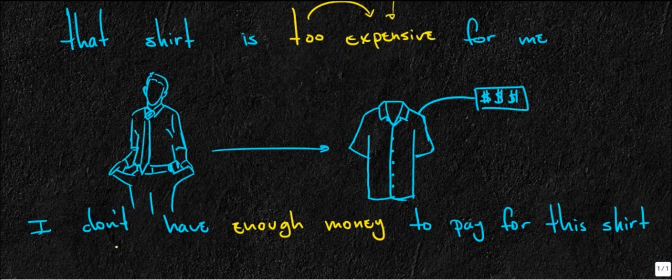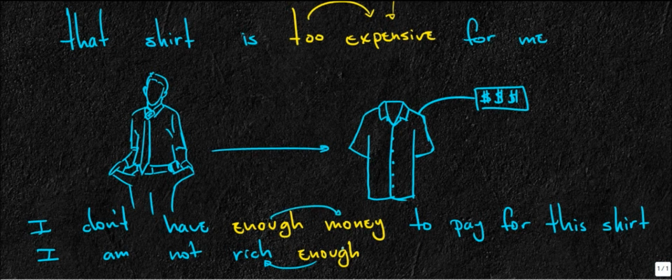So that sentence could be, for example, "I don't have enough money to pay for the shirt," and the reason for that is because "I am not rich enough." Okay? So you'll see that now I can use "enough" in combination with an adjective. The only thing is that I'm using "enough" after the adjective. But when it's before a noun, I use "enough" before the noun. All right?